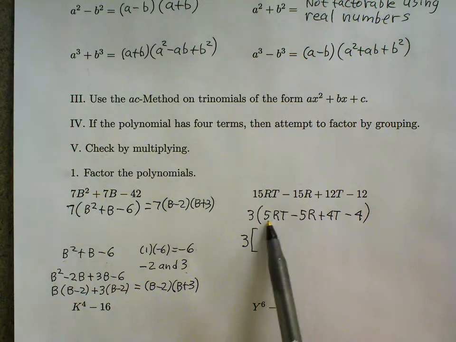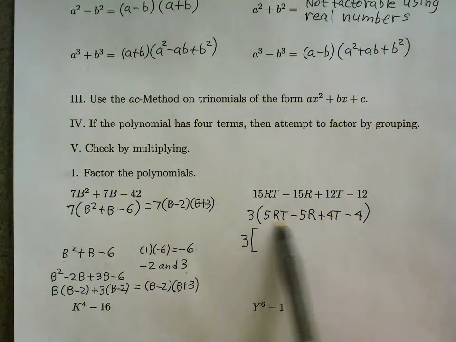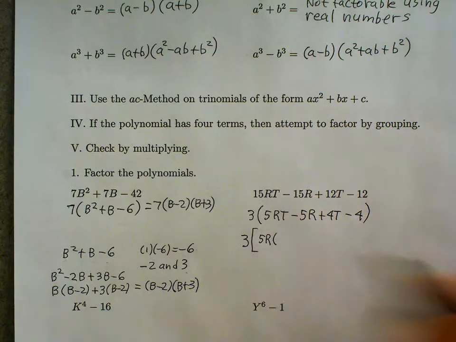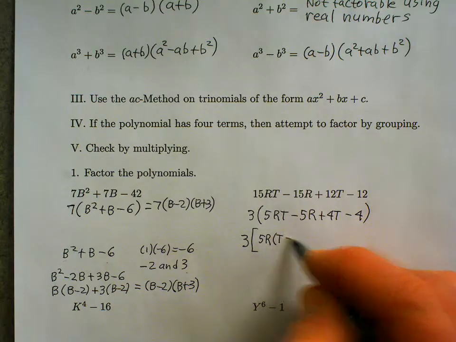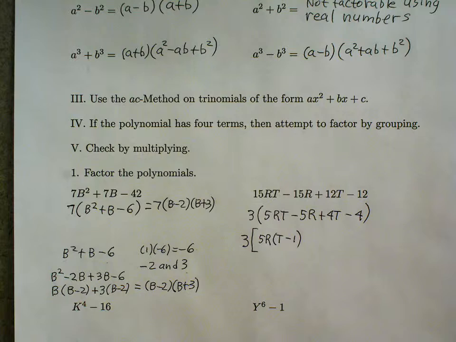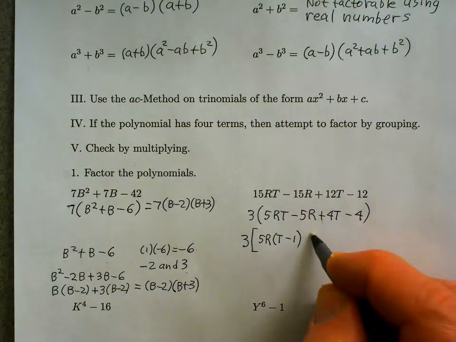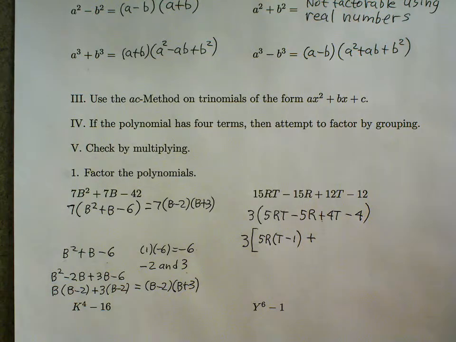So inside the parentheses, out of the first two terms, 5RT minus 5R, we can factor out 5R. And we're left with T minus 1. The middle operator is addition, so we bring down the middle operator of addition.